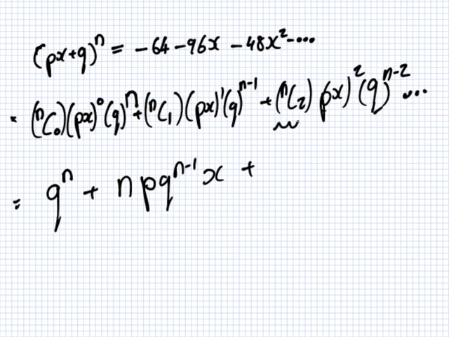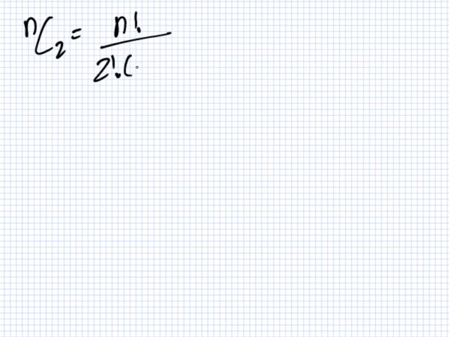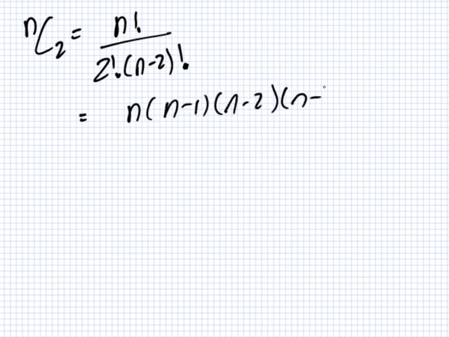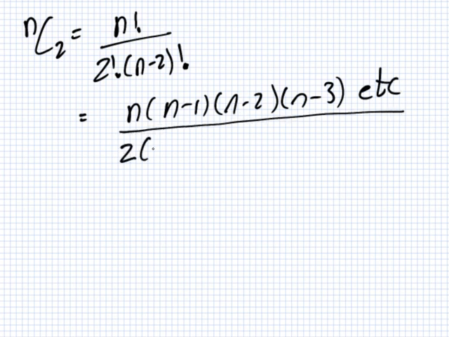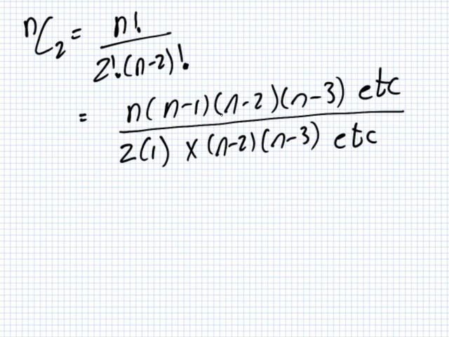Now, nC2, let's work that out on the side. nC2 is n factorial over 2 factorial times n minus 2 factorial. n factorial is n times n minus 1, n minus 2, n minus 3, etc. to 1, and then n minus 2, n minus 3, etc. Cancel, cancel, cancel, etc. So you're left with n squared minus n over 2.